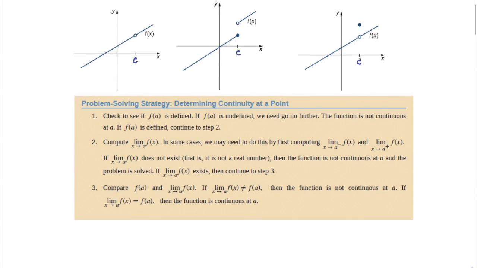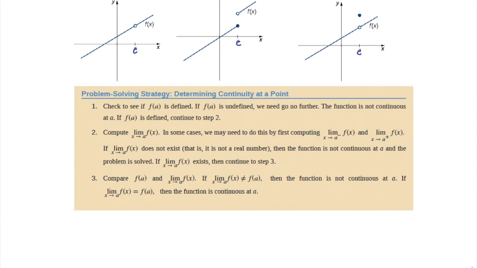So our problem-solving strategy, if we're trying to decide if a function is continuous at a single point, not on an interval, but right at a point, we would first check to see whether the function is defined there. If the function is not defined, we can just stop and say the function's not continuous at that point. If the function is defined, then we'll start to look at the limit. Sometimes we'll want to look at the left-sided limit and the right-sided limit to decide if the limit exists at that point.